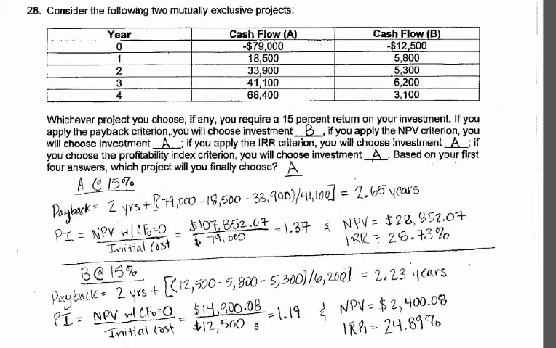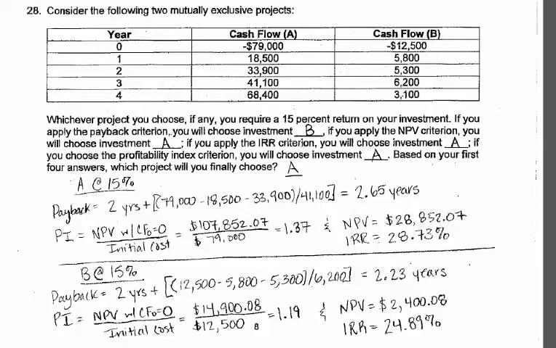That number, 26,600, goes over 41,100, and that gives me 0.65. That's about 65% of the way into year three that I get paid back. So you've got 2 full years plus the fraction 0.65, so 2.65 years for payback for A.